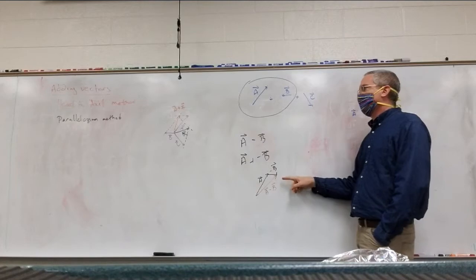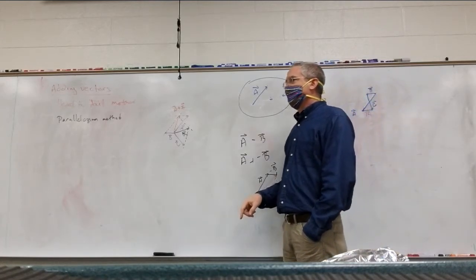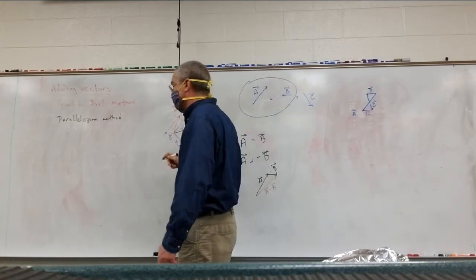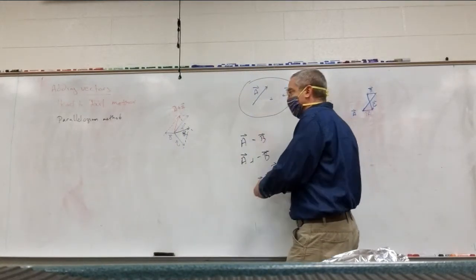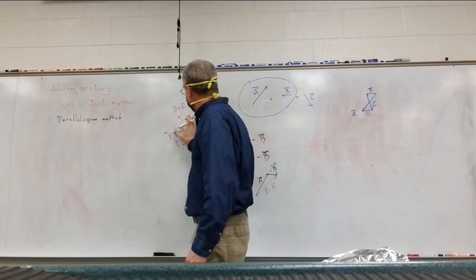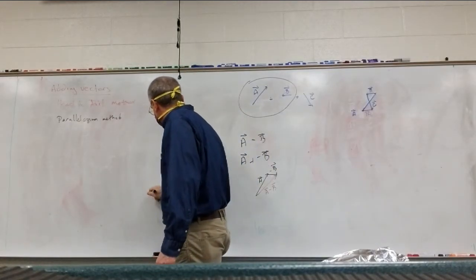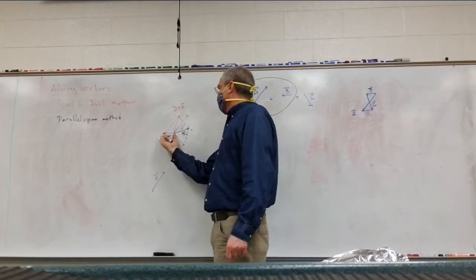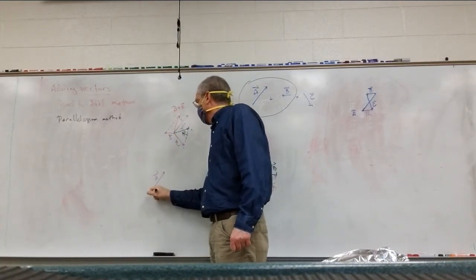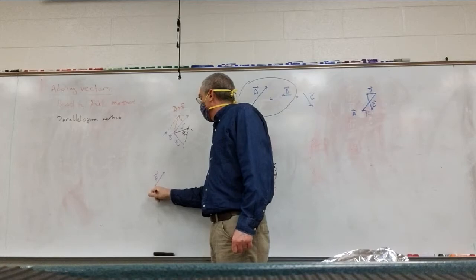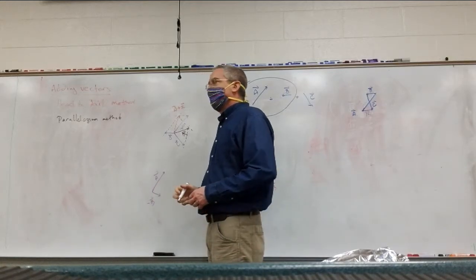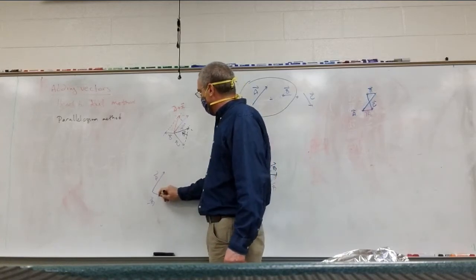If you did the A minus B in parallelogram form as well, then you should get something like that. So A stays the same. B, you basically would then do negative B. And then a parallelogram is based on that.